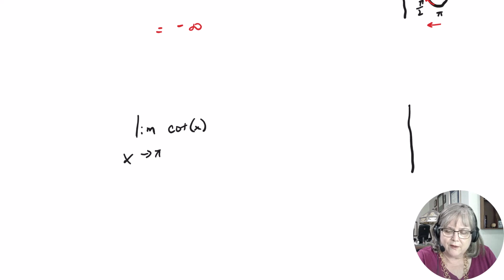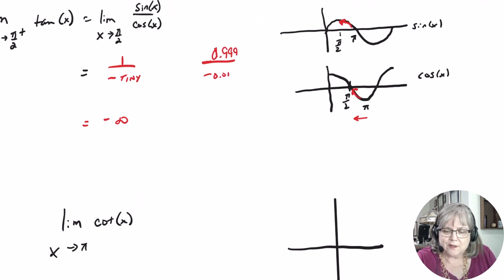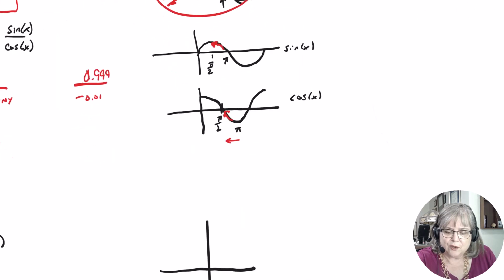Let's do the limit as x goes to pi of the cotangent of x. Y'all might not can read my writing. So let's go back to the figure. Sometimes students take tangent.